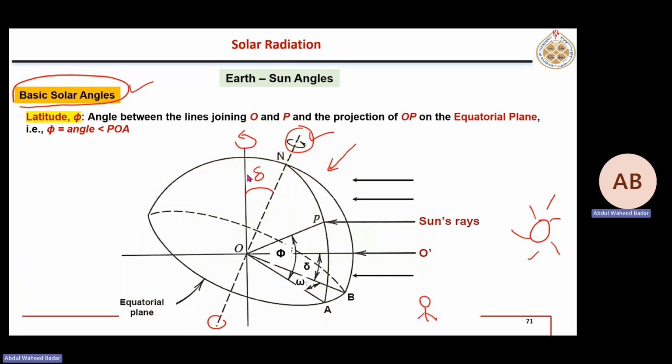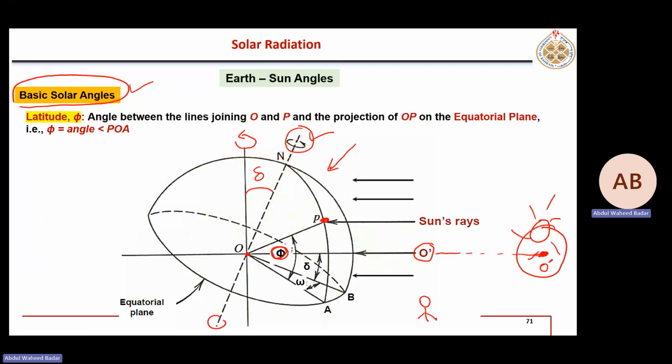The first one is the latitude angle. So what was latitude angle? It is the angle of the line joining the center of the Earth. If you assume here is the Sun, and here is the center of the Earth, O dash, this line joins the center of the Earth and the center of the Sun, represented by O O dash. Now we can define latitude angle.